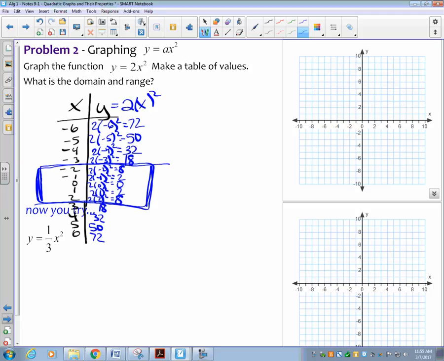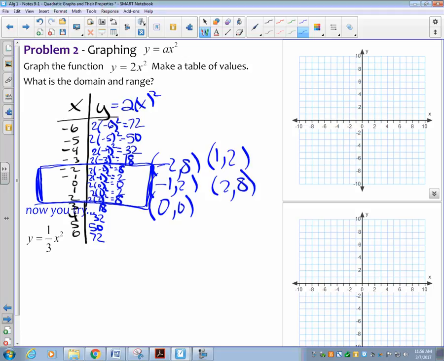All right, so let's plot those points. We're gonna plot negative 2, 8, negative 1, 2, 0, 0, 1, 2, and 2, 8. I'm going to plot these 5 points and see what shape we have here.